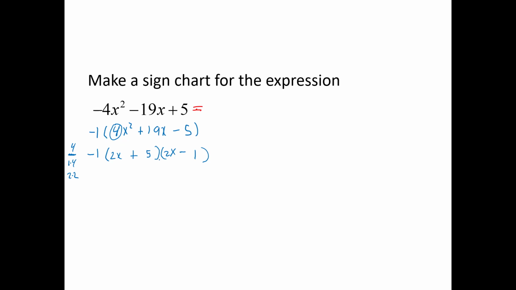But if we do that, then from these two, we get 10x. And from these two, we get minus 2x. And then we end up with 8x, which is not what we wanted. So, can't be that.